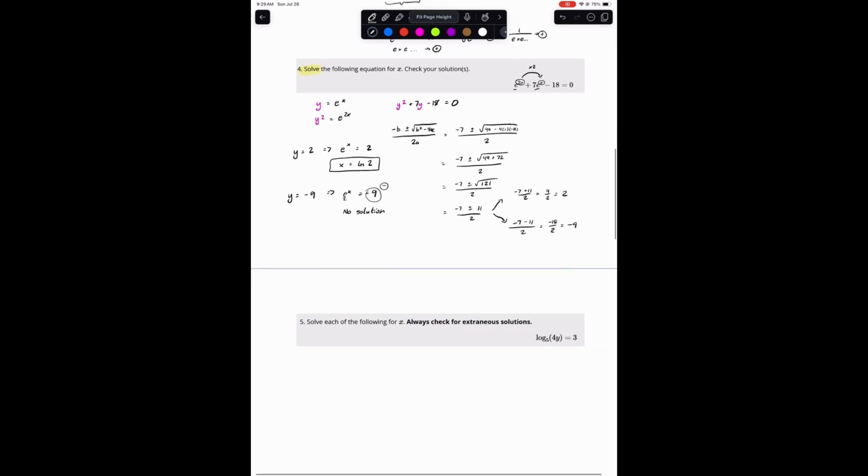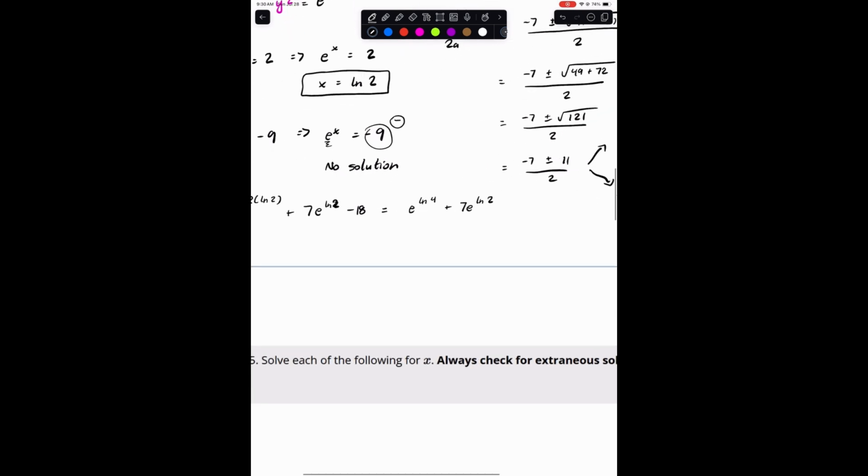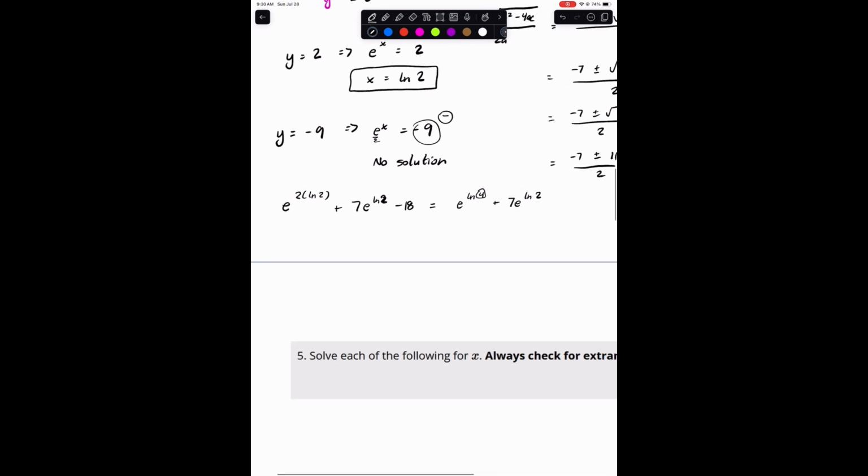Now we can check our work by plugging it in. So e to the power of 2 times natural log 2, plus 7e to the power of natural log 2, minus 18. Now this equals e to the natural log 4 plus 7e to the natural log 2, and this 4 comes from 2 squared, because we moved this 2 here as per the exponent law.